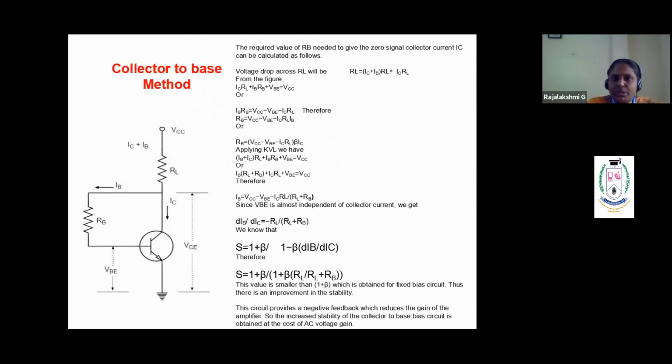From the equation, the total current through RL can be written as (IC plus IB) into RL, which is nearly IC into RL. So IC RL plus IB RB plus VBE is equal to VCC. If I only say it, you may not understand, but if you go through it, it will be very easy.